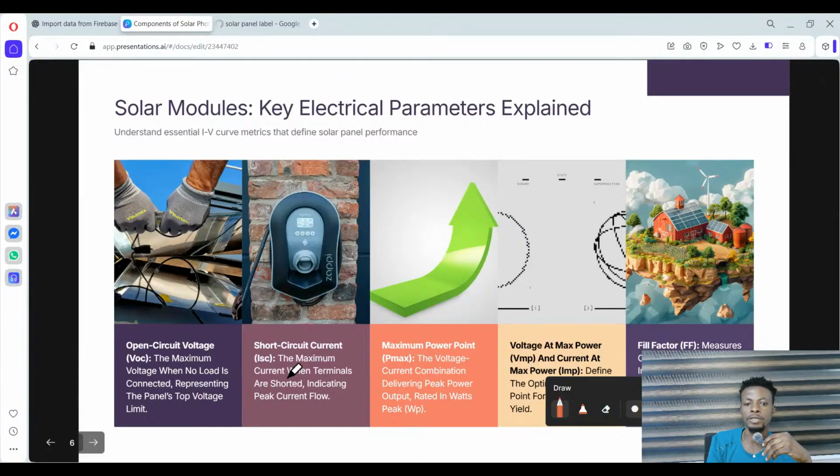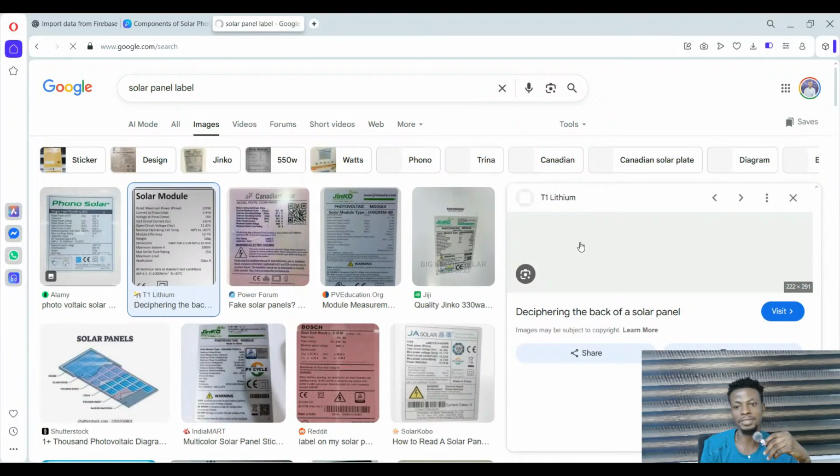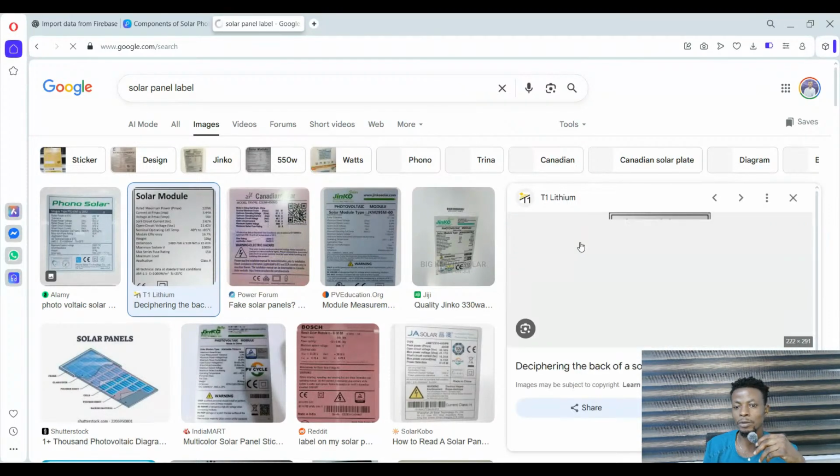Now, when you just have your panel and you are not connecting anything to it, you are not connecting it to a battery for charging, the maximum voltage that it generates at that point is called the VOC, the open circuit voltage. It's the voltage you can get when the panel is not connected to anything.